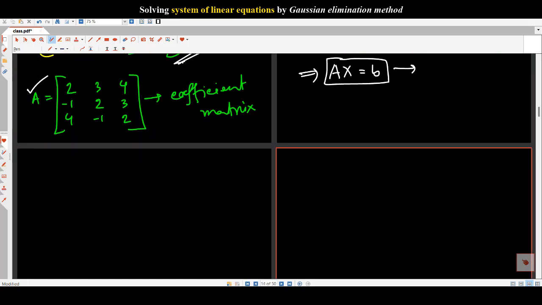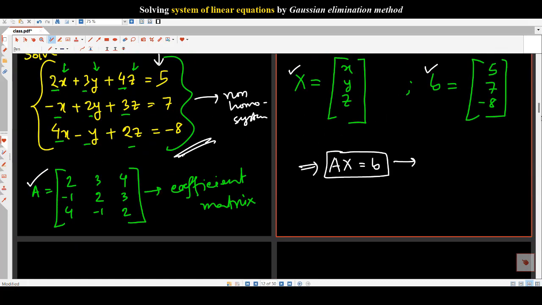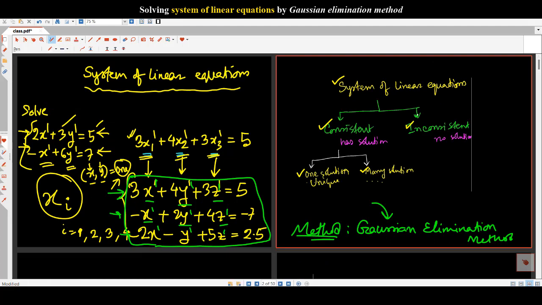Now let's get back to the main part. A system may be consistent system, may be inconsistent system. Some system may have solution, may not have solution. If the system doesn't have any solution, that means the solution set X is not found.